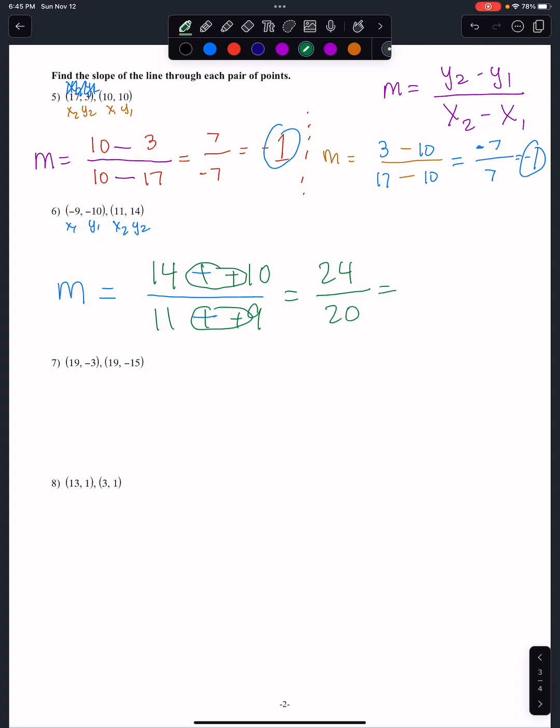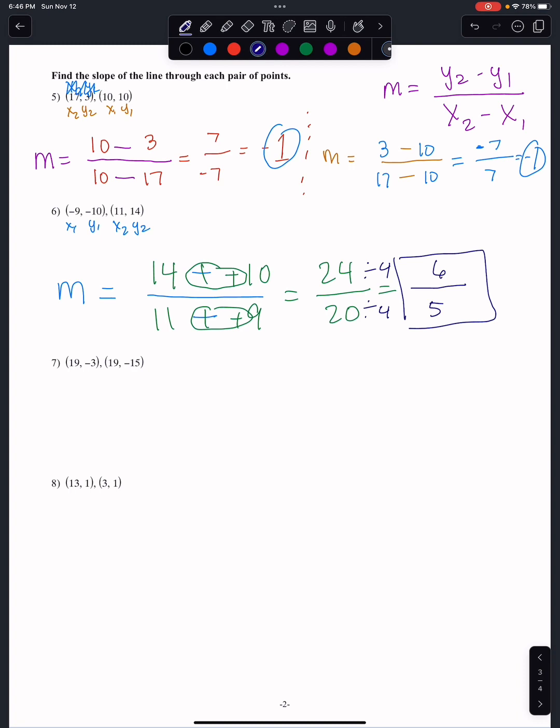Now, this fraction can be reduced. You can use 2. But the largest number that goes into both of them is 4. So I have to divide this by 4. You guys know how to reduce fractions. 24 divided by 4 is 6. 20 divided by 4 is 5. That is the answer for that slope.